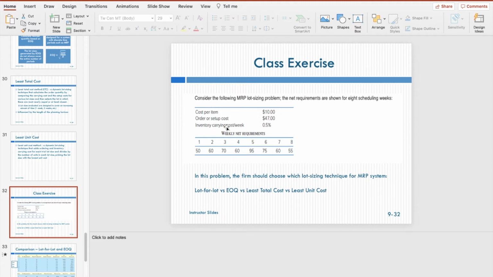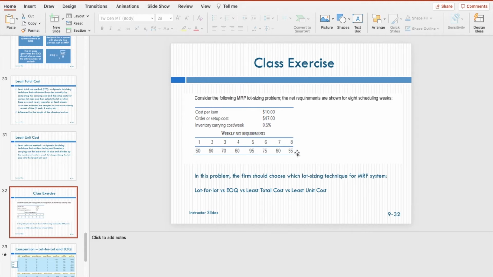The inventory carrying cost per unit per week is 0.5% of the production value, basically the inventory value. So these are the 3 things that we have, and based on these 3 types of cost information, we further give the net requirements.